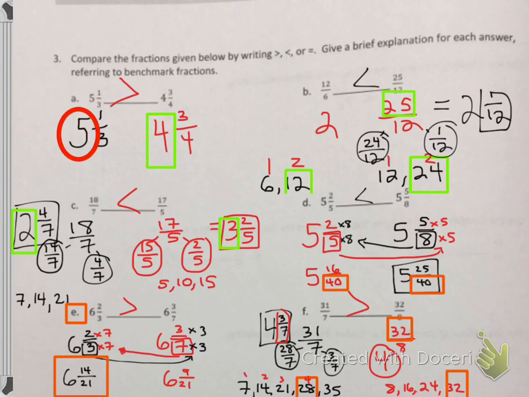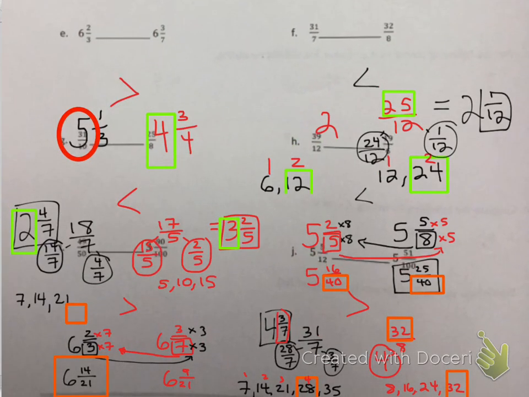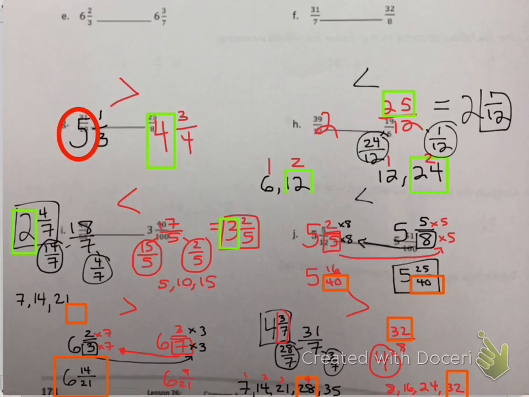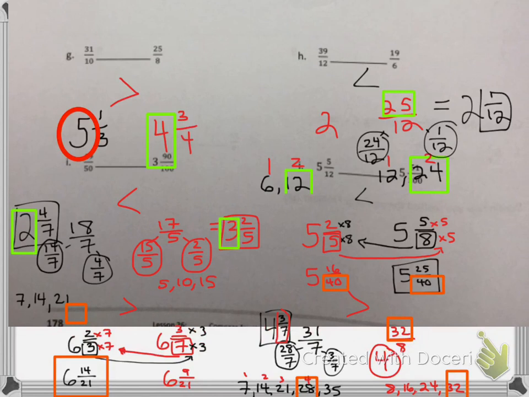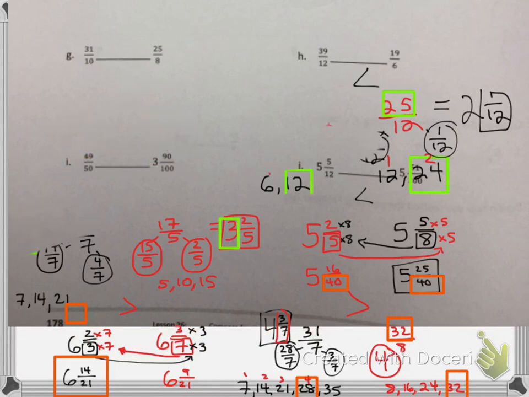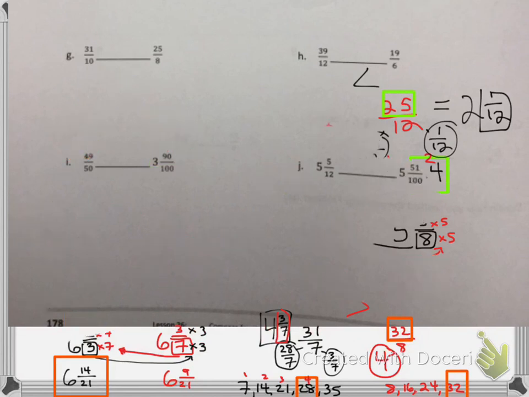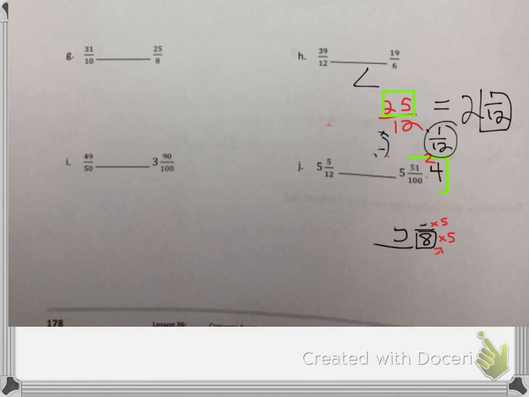All right. What I would like for you to do is the next round of problems. These last 4. I'd like for you to try these last 4 and see if you can solve them on your own.